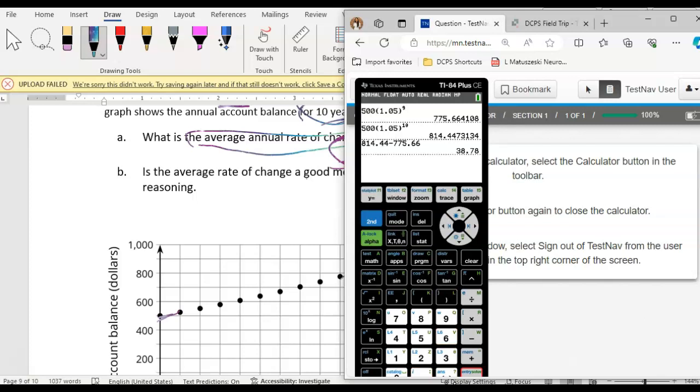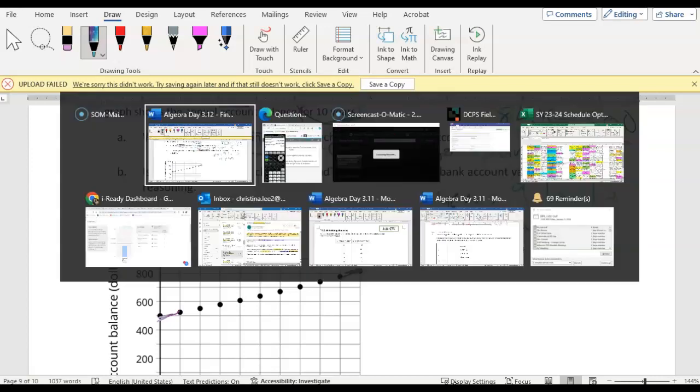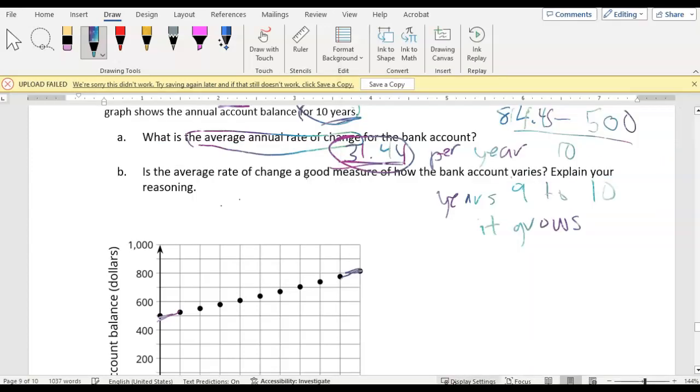That gives us a difference of 38.78. So from years 9 to 10, it grows 38.78, right? So that's more than 31.44.